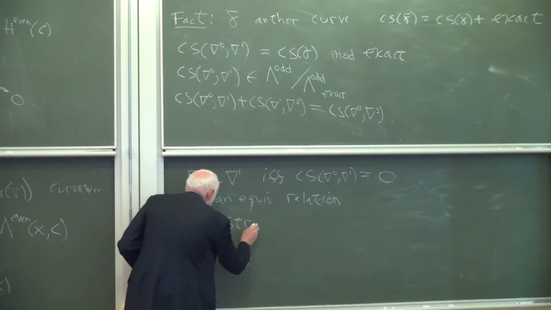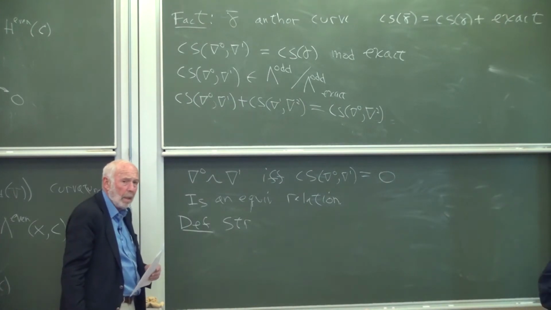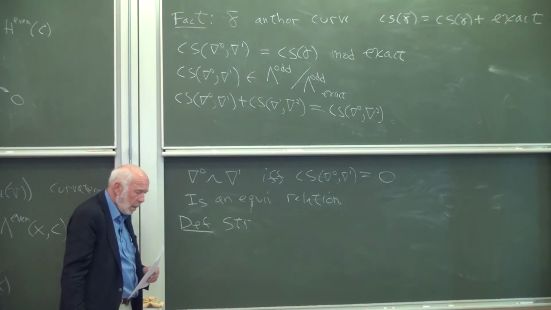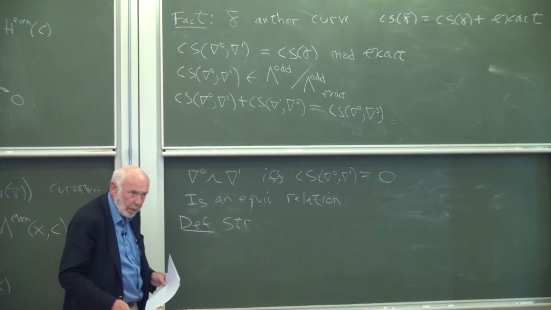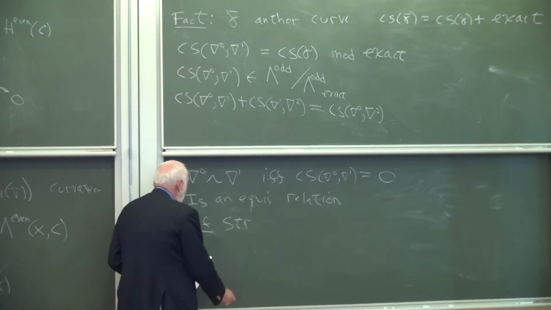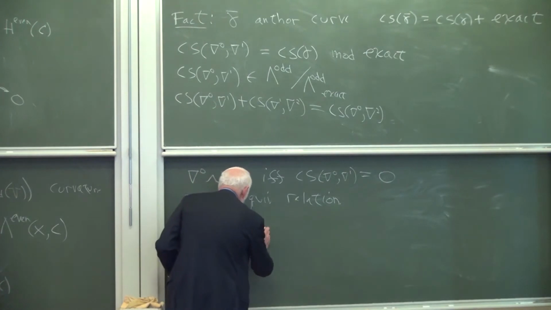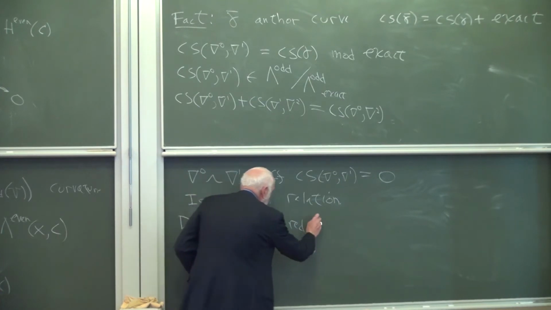I think it's very worth saying if two things are equivalent, they actually have not only the same characteristic classes, but they have the same characteristic forms. I'll get to that, but it's true. They have the same characteristics. So I want to define a structured bundle.